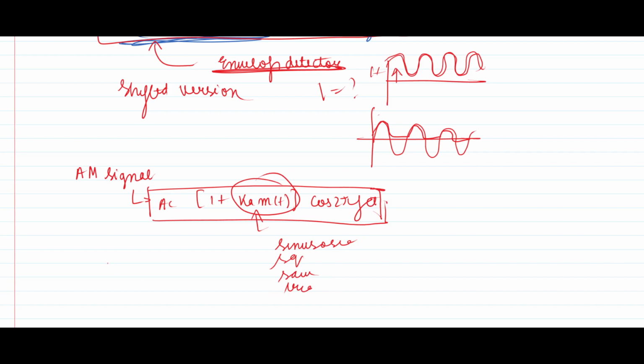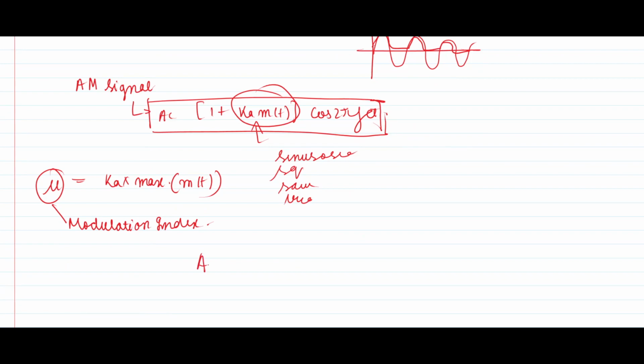So Ka into the maximum value of m(t) is our mu, which is the modulation index. So this can also be written as Ac 1 plus mu into the remaining normalized signal, cos 2 pi fc t.